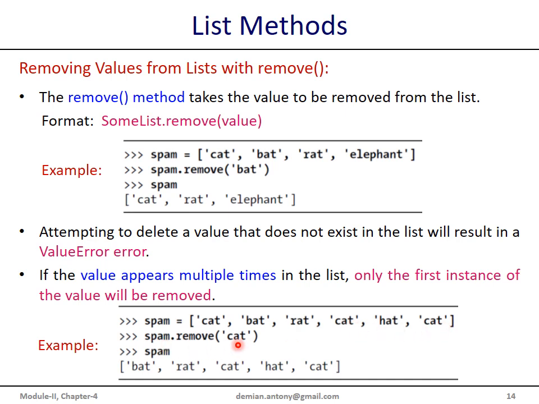If you remove the value cat, only the first instance, the cat string at location 0, will be removed, and all other subsequent occurrences will remain in the list. You can see the 2 occurrences of cat are still found in the list even after we applied the remove method on the value cat.